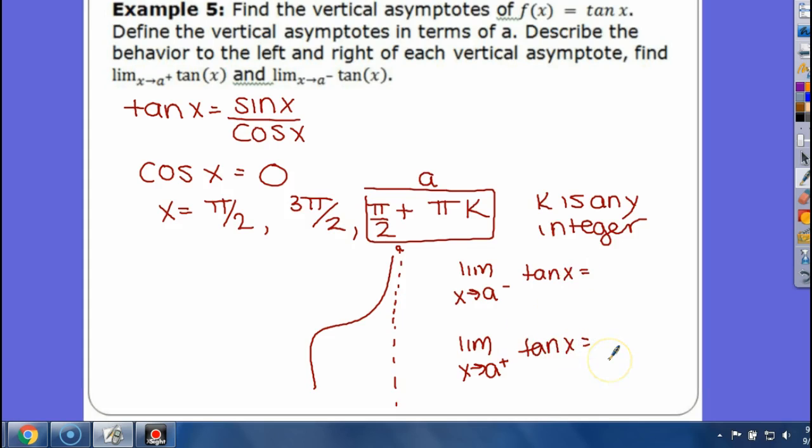Infinity or negative infinity? Okay, so a from the left is infinity, and a from the right is negative infinity. Does the limit of tangent exist at x equals a? No. Because again, this one would start down here and go up, so opposite sides means it does not exist.